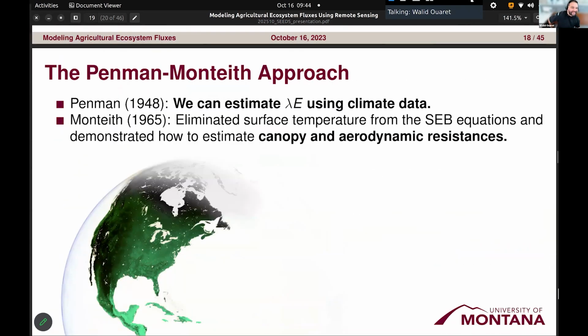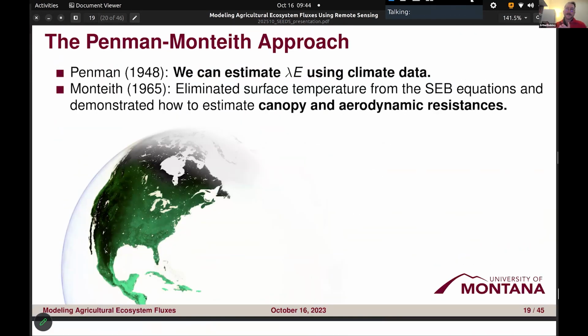Sure. Thank you. So Penman-Monteith is a popular approach named after these two individuals because they really brought two key innovations to modeling ET. First, we can estimate evapotranspiration using climate data.